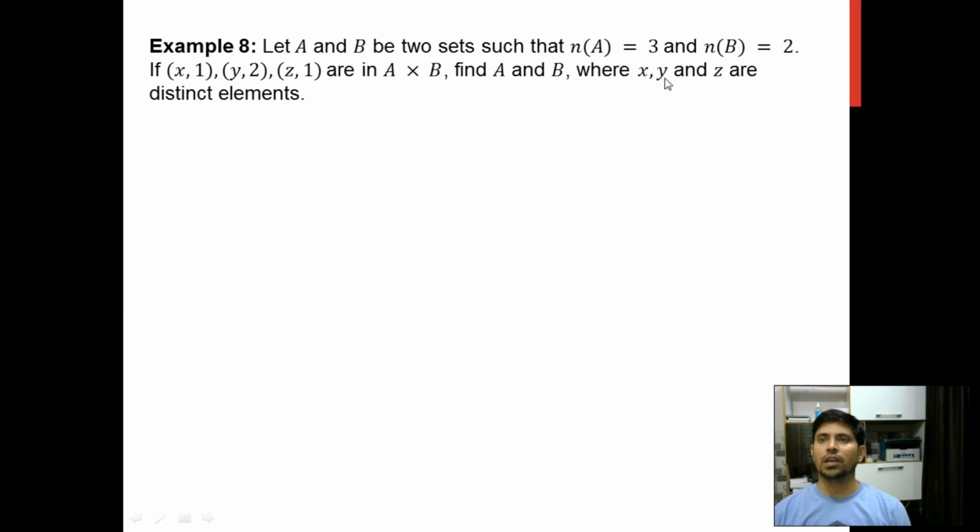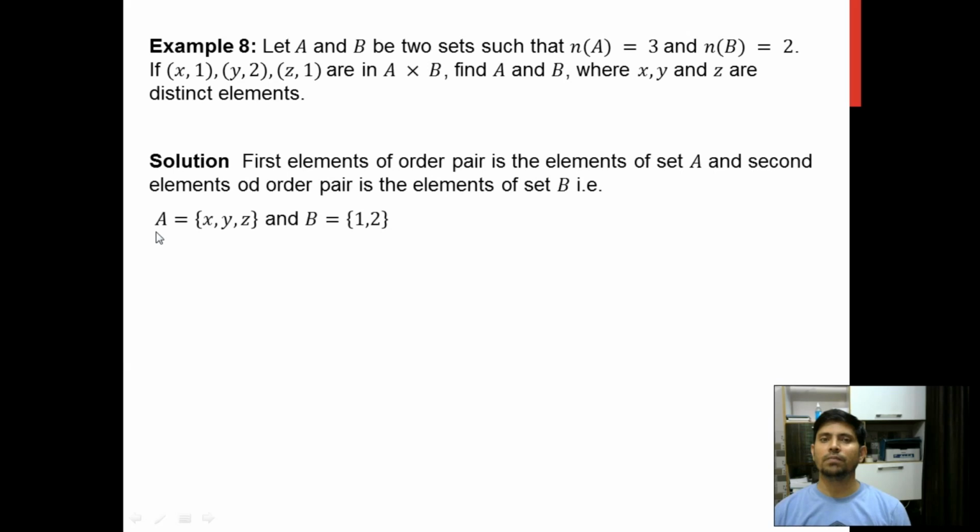Find A and B where x, y and z are distinct elements. Here we have to find the value of A and B. So we know that the first elements belong to A and second elements belong to the set B. Similarly we can write here A equals {x, y, z}, B equals {1, 2}.